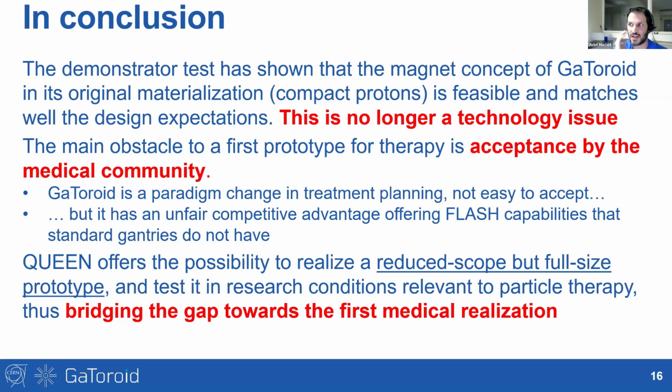It will change the treatment planning and it's not easy to accept, but it has an unfair competitive advantage for flash capabilities that other gantries do not have today. And finally, the Queen proposal offers us the possibility today to realize a reduced scope but full-size prototype and to test it in condition. And this will hopefully bridge the gap towards the first medical realization for this concept.